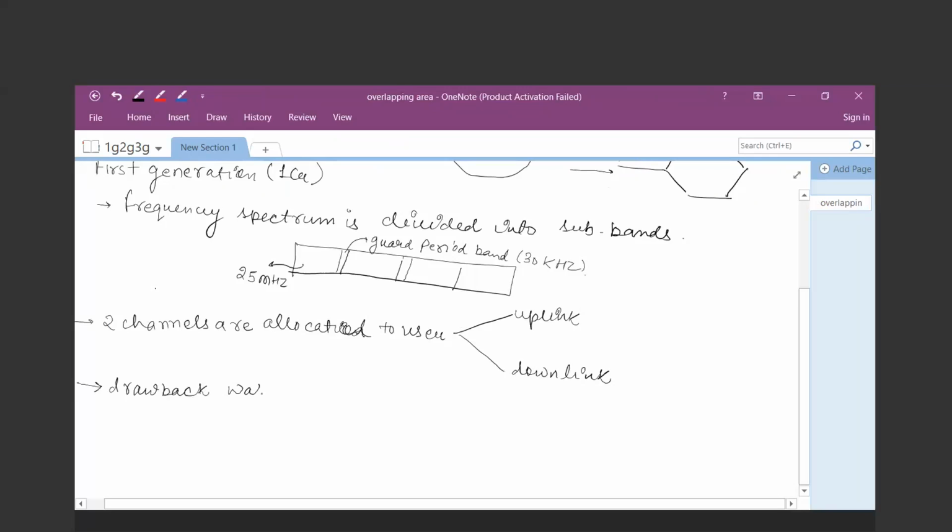So that's why the first drawback was inefficiency, because some bands are reserved as a guard band, and another is because of circuit switching.